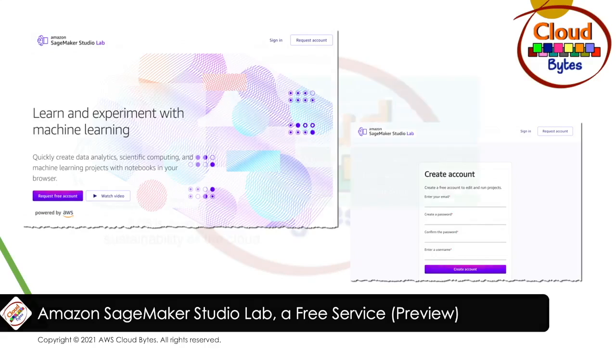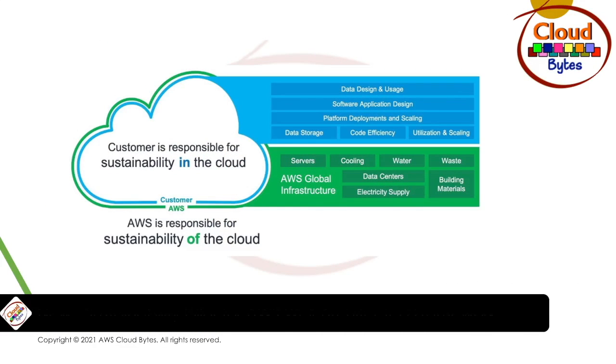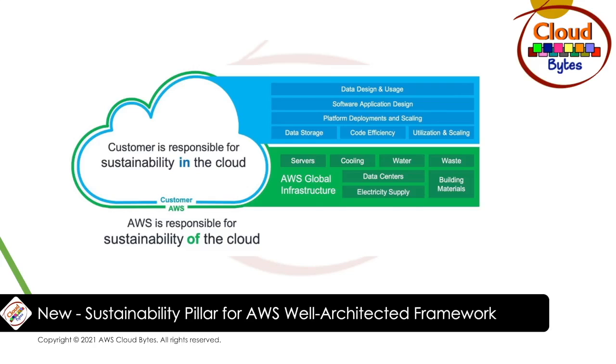Moving on to the next news. The next news is the addition of a new pillar in the AWS Well-Architected Framework. We already know that the AWS Well-Architected Framework includes pillars such as operational excellence, security, reliability, performance efficiency, and cost optimization. There is a video that I already did, and I will add a link to it, where these pillars are explained. AWS has introduced a new pillar called the Sustainability Pillar. This is to help organizations learn, measure, and improve their workloads using environmental best practices for cloud computing.